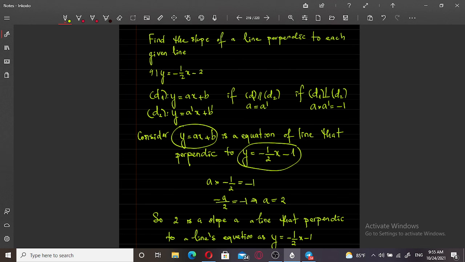Then we can find the value and take the slope of the considered line as the answer. So 2 is the slope of the line perpendicular to the line y equal to negative 1 over 2x minus 1.